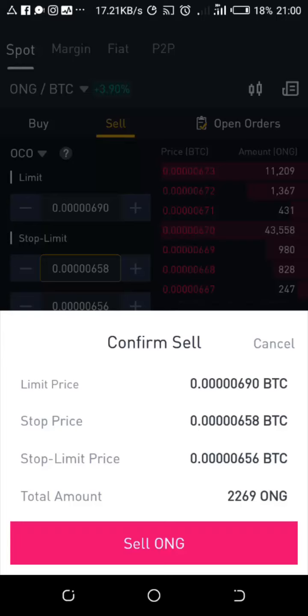So this is the price at which it is going to be sold when the price of ONG drops to 658 satoshi, which is the trigger price. We are going to sell it at 656 satoshi, and the total amount is 2,269 ONG. Then we click on sell.